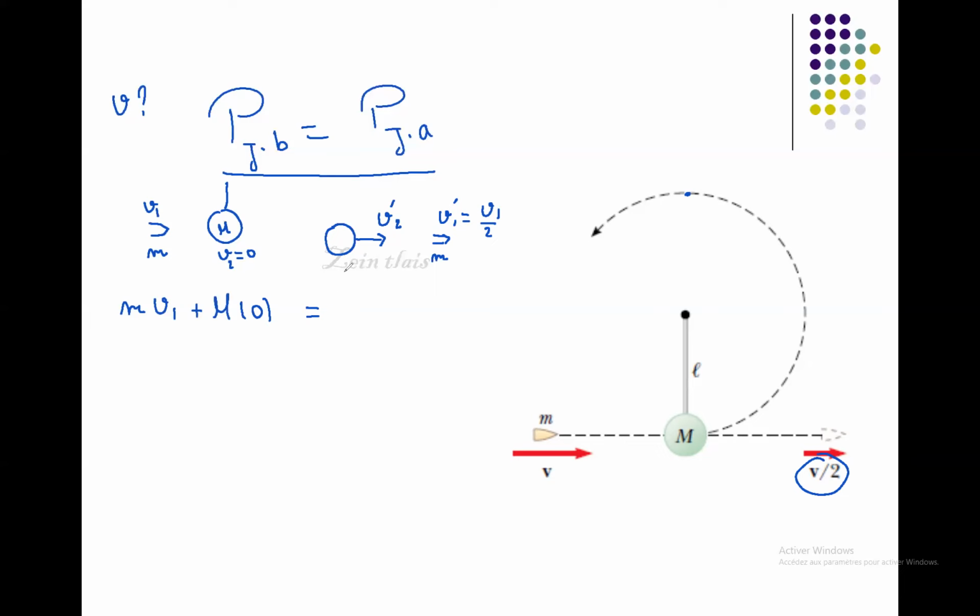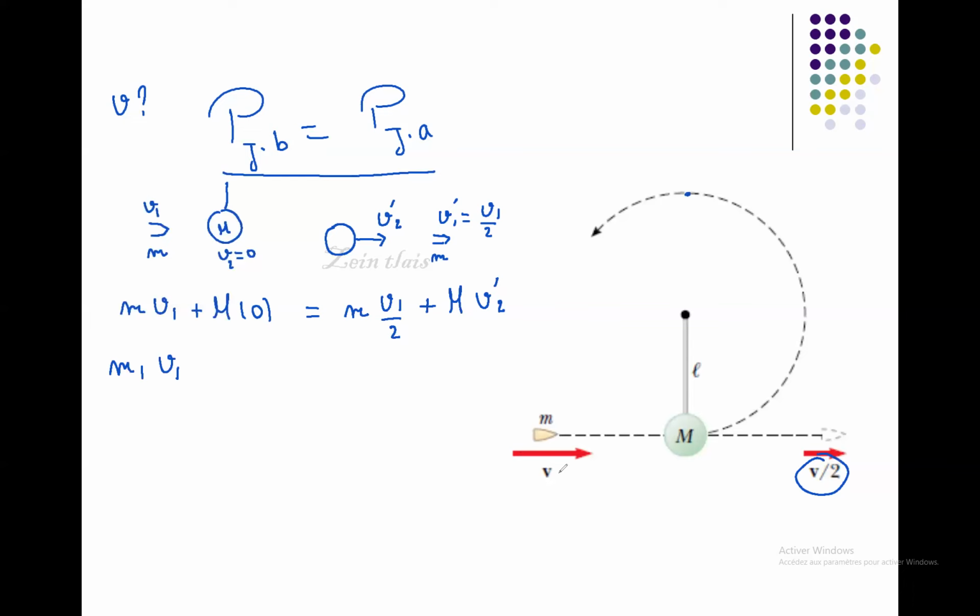So finally we have m times V1 over 2 for the bullet plus M times V2 prime. Here we have m V1, and I want to calculate V1.